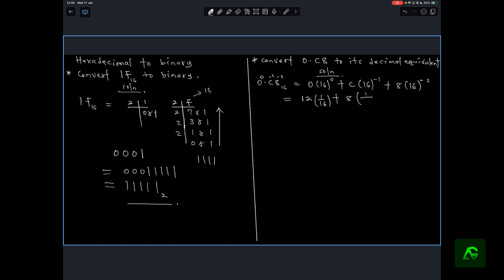So that is 12 over 16 plus 8 over 256, which reduces to 1 over 32.